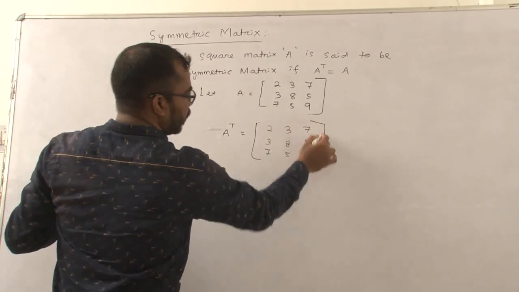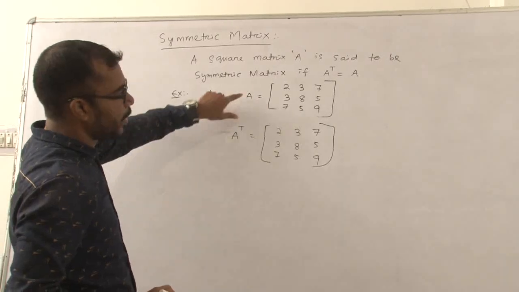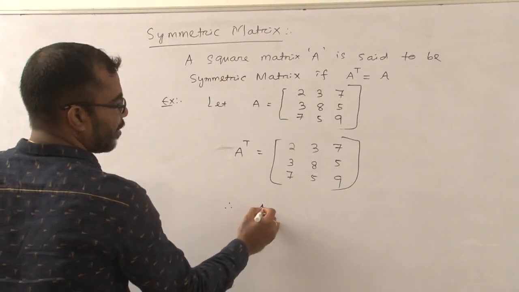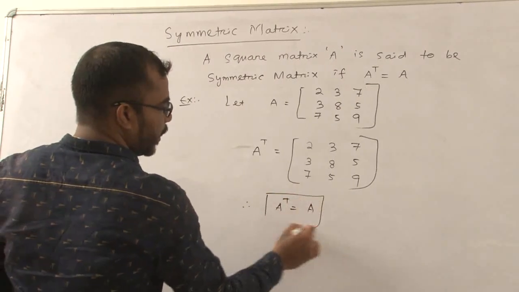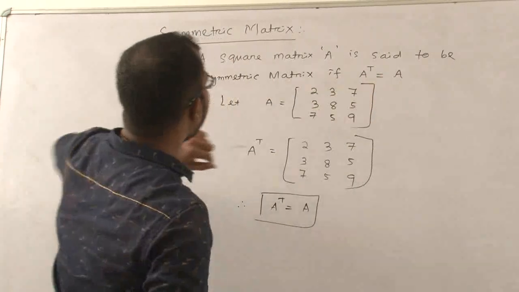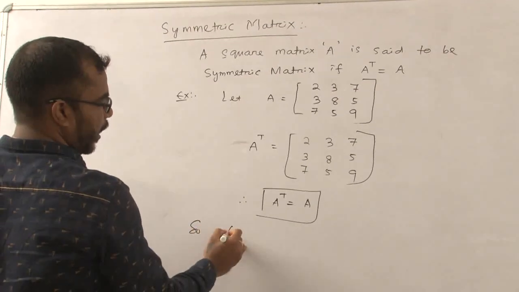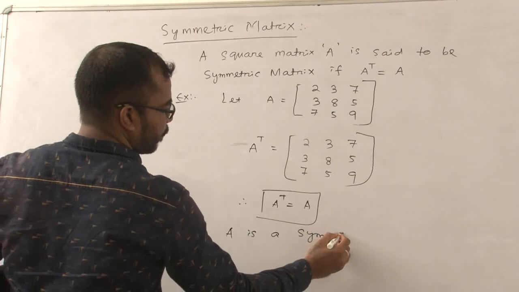And here the given matrix and the transpose matrix are equal. So transpose of A is equal to A. So it satisfies the condition. So this matrix is a symmetric matrix. So here A is a symmetric matrix.